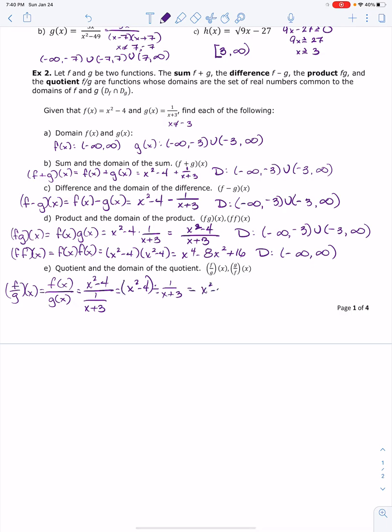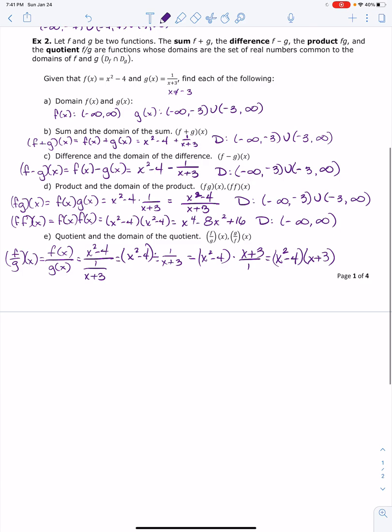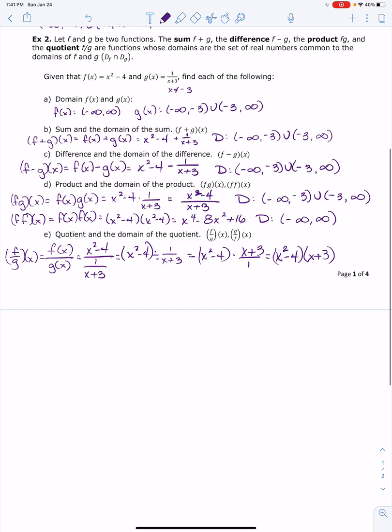So we got x squared minus 4 times x plus 3 over 1. We get x squared minus 4 times x plus 3. x to the 3rd plus 3x squared minus 4x minus 12.